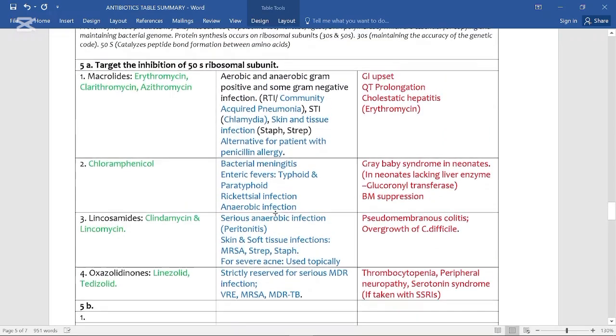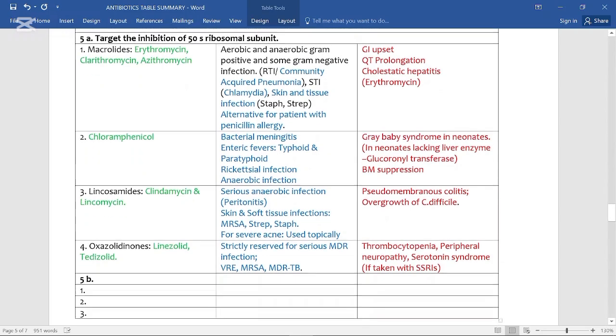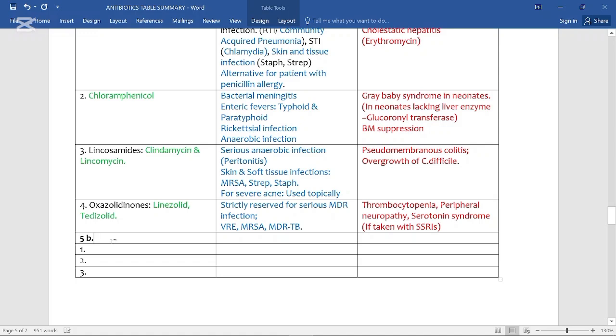Now, till there, you have looked at the drugs that work by inhibition of the 50S ribosomal subunit. Let's go to the next and the last section.